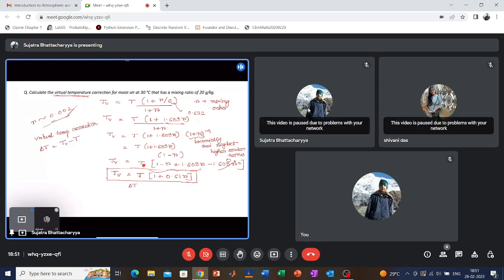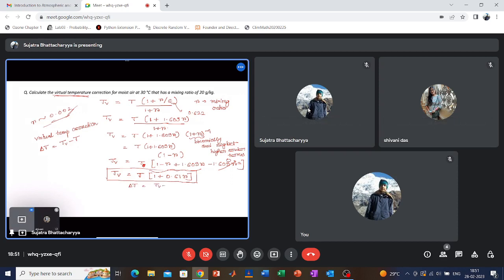Delta T will be equal to TV minus T, and that will be equal to 0.61 R into T. Right? So T is 303 Kelvin, because we have to convert it into kelvins.